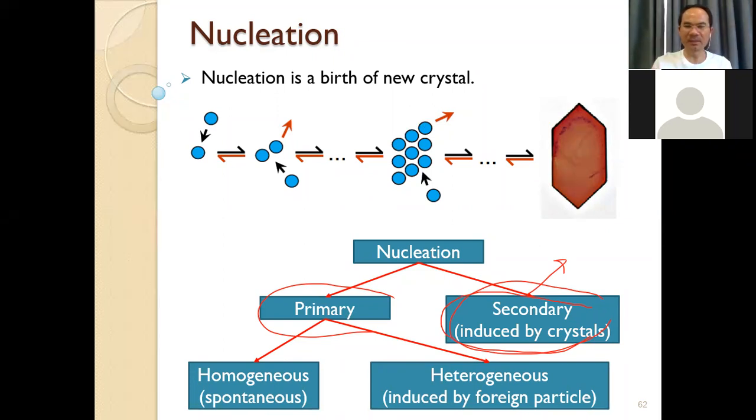It may be from attrition of the crystal, or from shear of the crystal, something like this. This is secondary nucleation. From one crystal it breaks into two, into three crystals, so the number of crystals increases. But in primary nucleation, the crystal is generated from the clear solution.